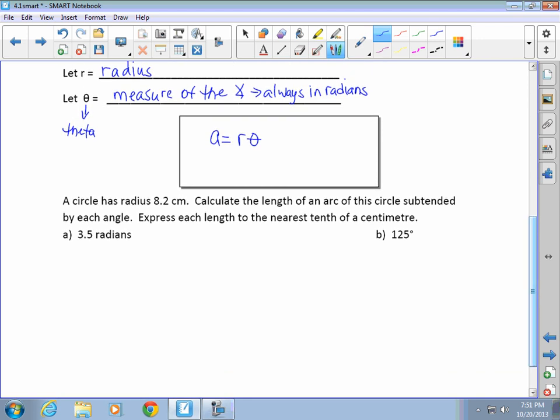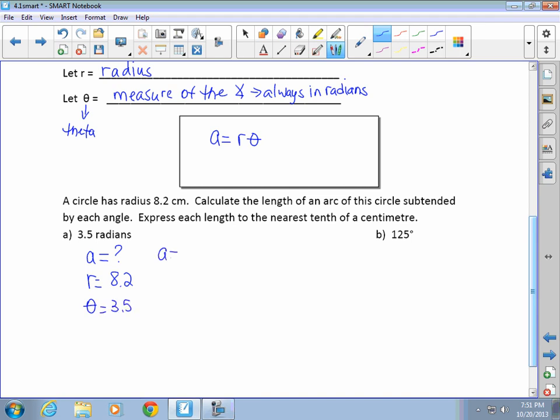So it says a circle has a radius of 8.2 centimeters. We want to calculate the length of arc of the circle subtended by each angle. Express each length to the nearest tenth of a centimeter. So if the angle they've given me is 3.5 radians, my A I don't know, my R was my radius, which is 8.2, and my theta is 3.5 radians.